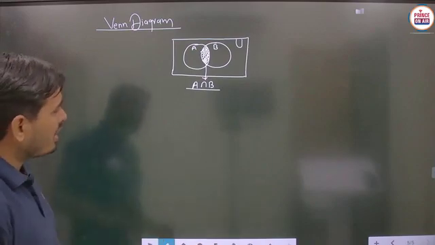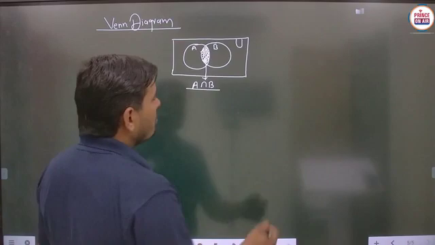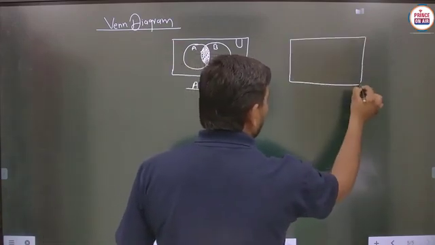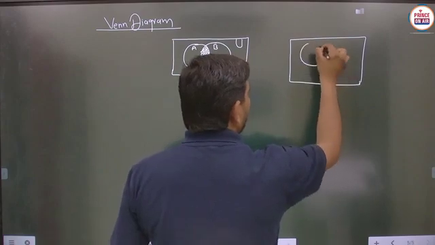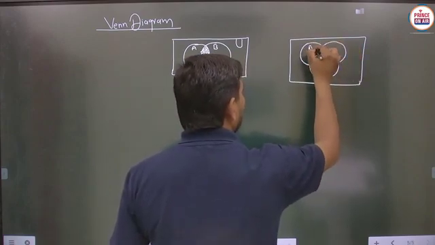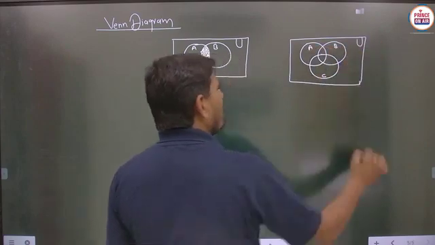Suppose three sets are there, then we have to see the common region of the three. Suppose we take the three sets A, B and C like this. Suppose this is set A, this is set B, this is set C, and this is the universal set.